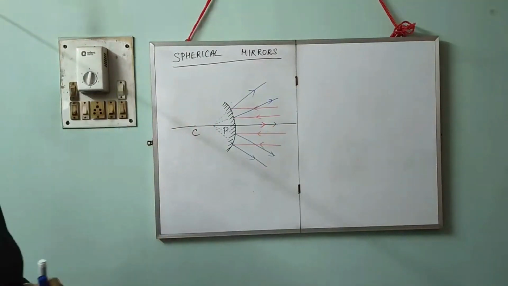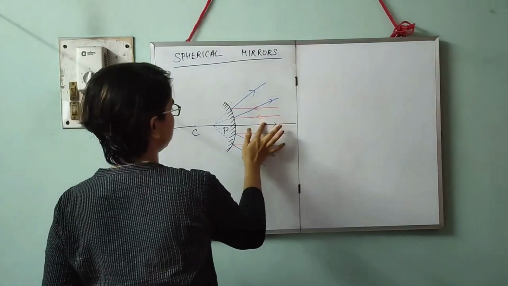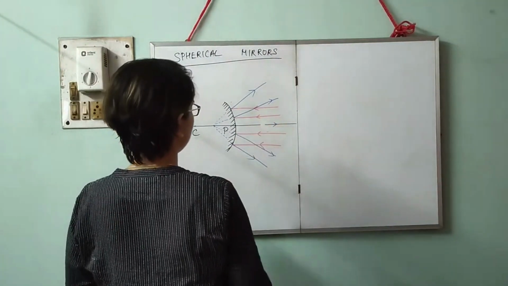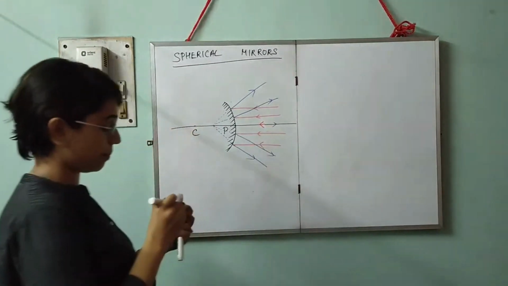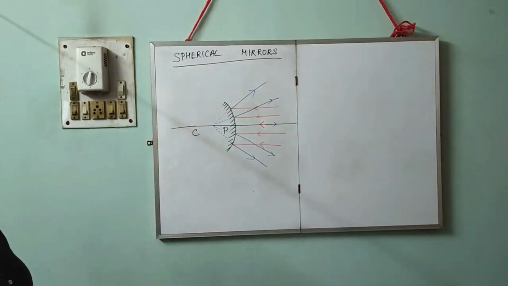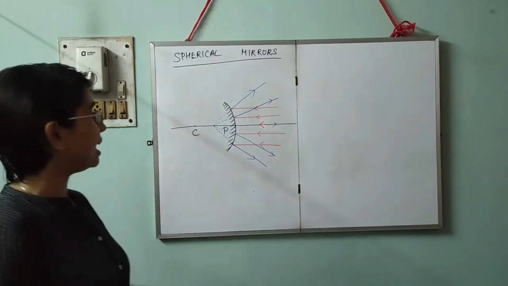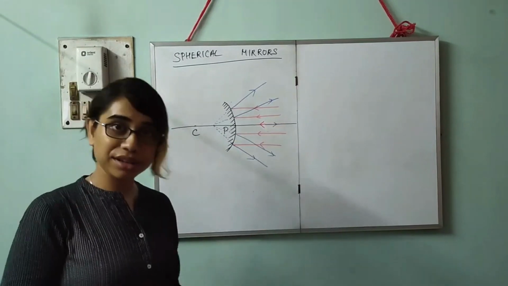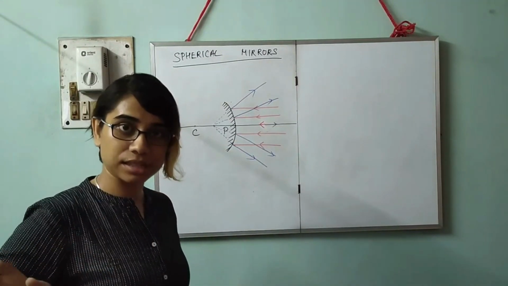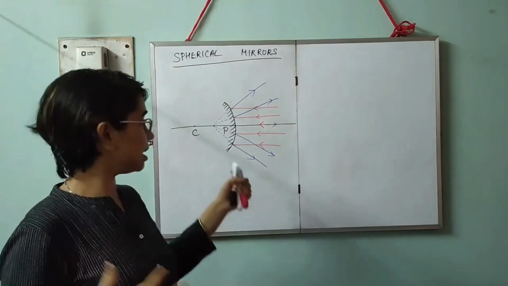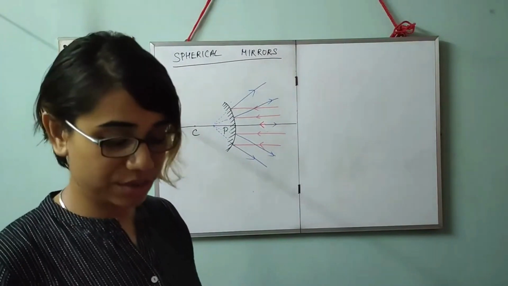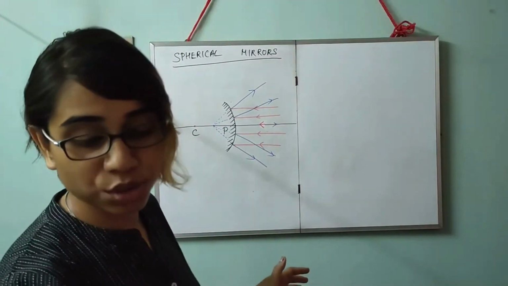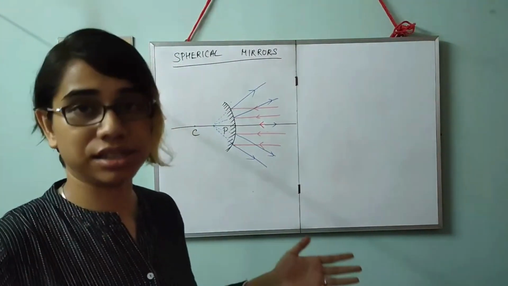Also, you should remember that the incident rays are parallel to the principal axis. It is because we are assuming that the light rays are coming from a source which is at infinite distance from the mirror.